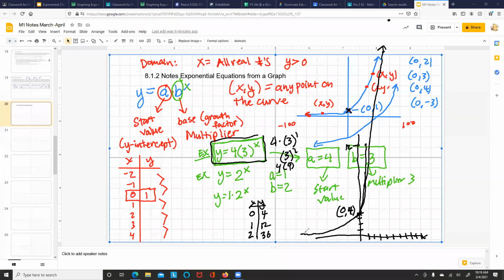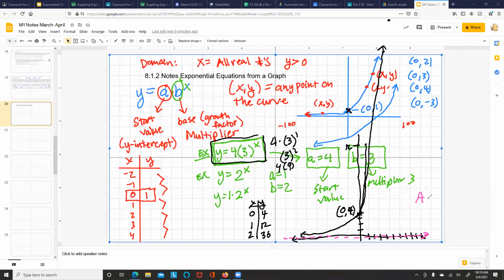Is it going to cross the x-axis? Will it ever go negative and cross the x-axis, guys? No. So we have what's called an asymptote, and this is what I was talking about last time. The asymptote is an invisible line, but we're going to make it visible. We're going to draw it in with a dotted line. And the asymptote is the x-axis for most of these problems.